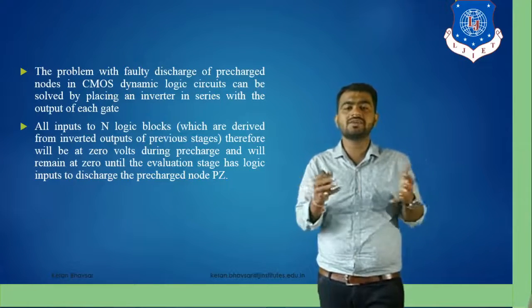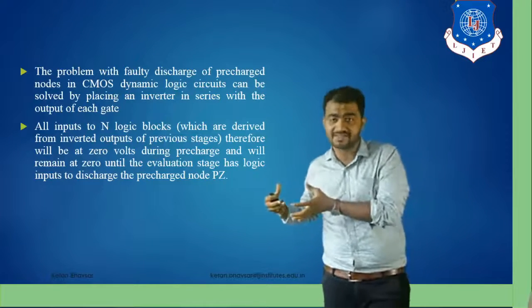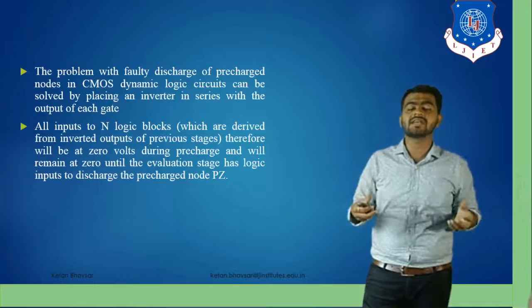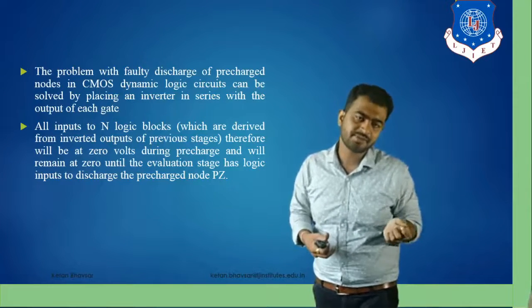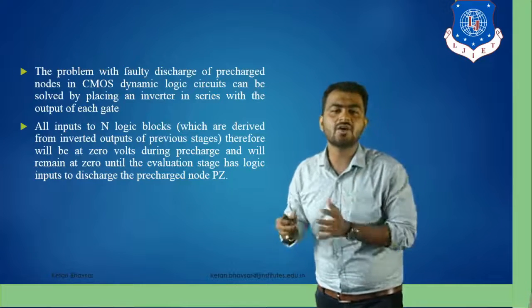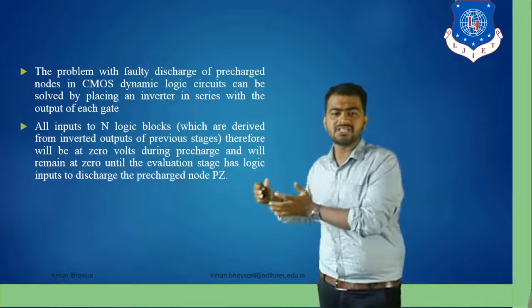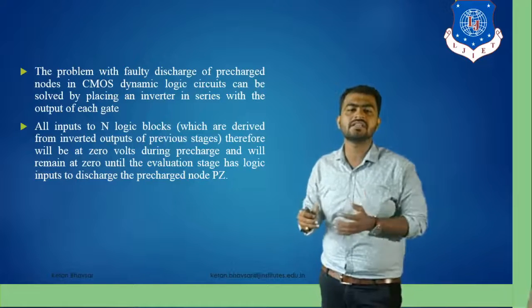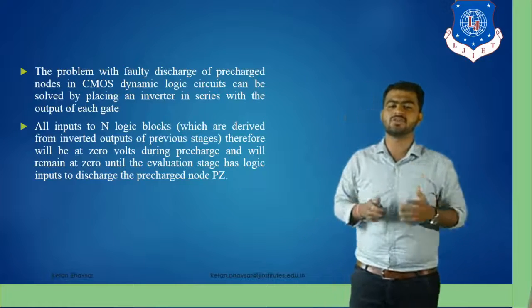So we can say this solves the cascading problem when we use the domino logic circuit, because with the inverter, only one circuit can be driven at a time when connected together. All the inputs to the AND logic blocks will therefore be at 0 volts during the pre-charge and will remain at 0 until the evaluation stage has a logic input to discharge the pre-charged node.